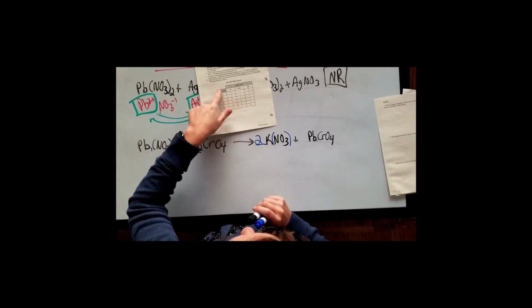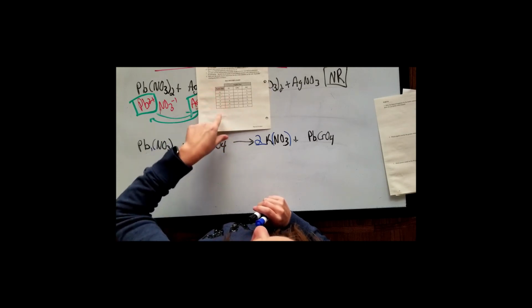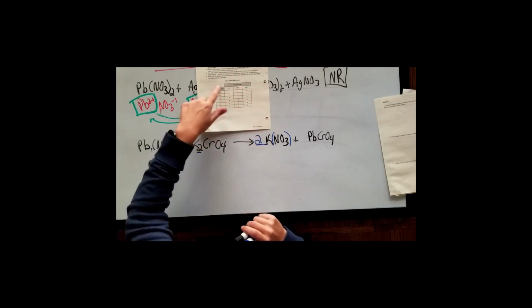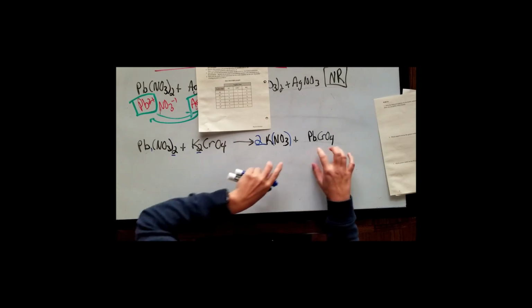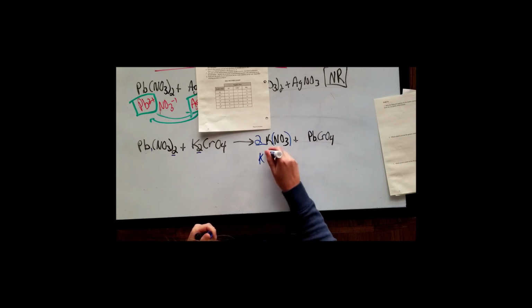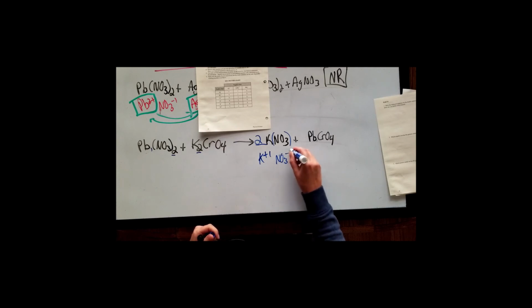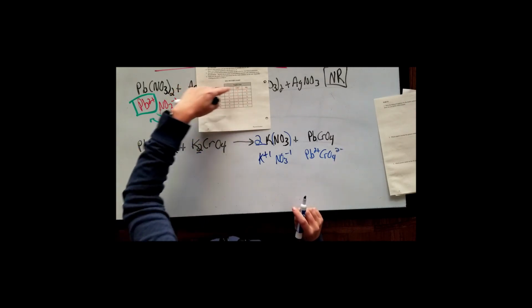So looking at the solubility chart, what the solubility chart has are positive ions along the Y, and then negatives along the X. So I'm looking at just my products. And remember, we said the products had K plus and NO3 pairing up, and then lead 2 plus and the chromate pairing up. So these are the ions that you can find on this chart.